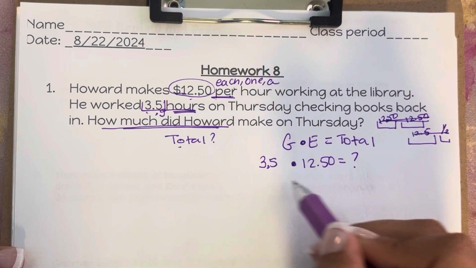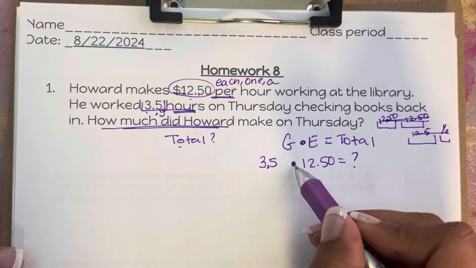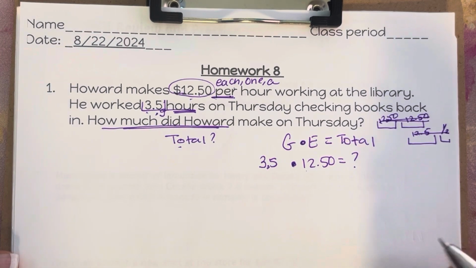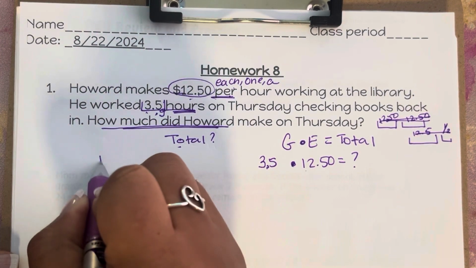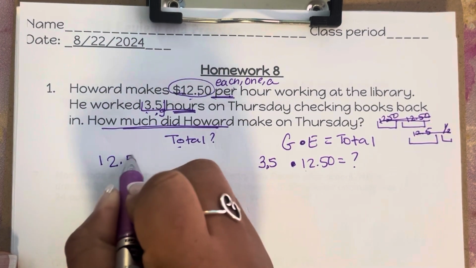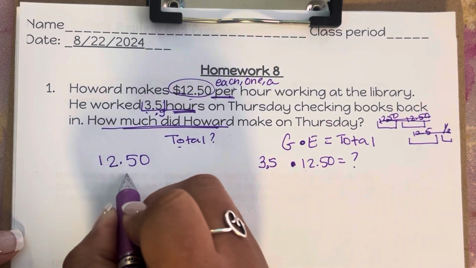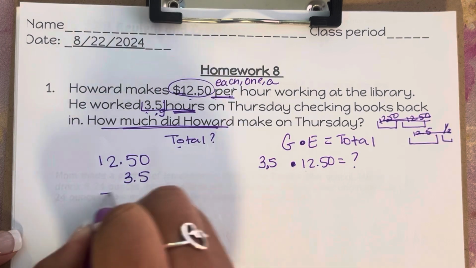So if we have the numbers here, remember this means multiply. So if you have 3.5 times 12.50, that means you're going to multiply. And like we tell you in class, if it has more digits, put it at the top. And the bottom will be 3.5.